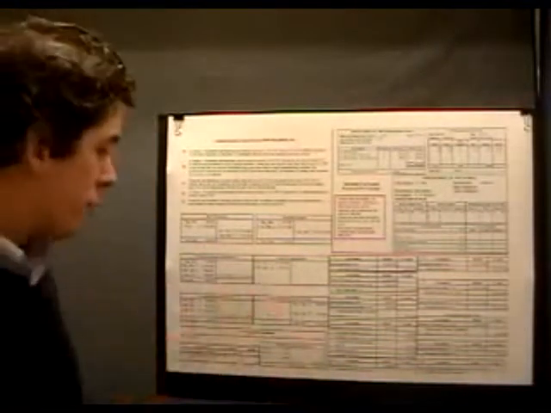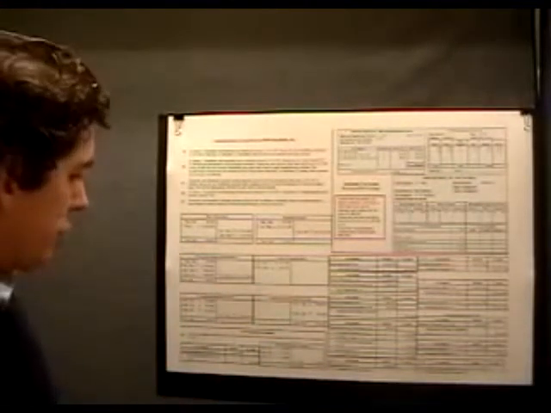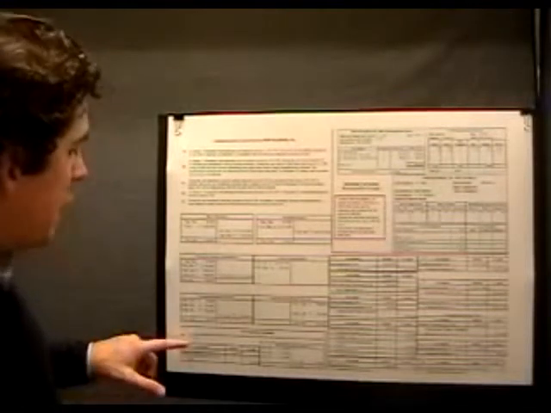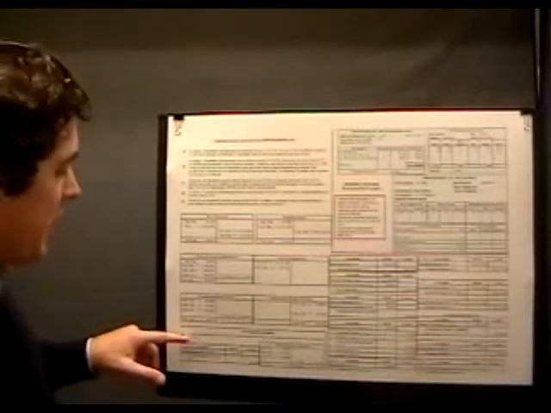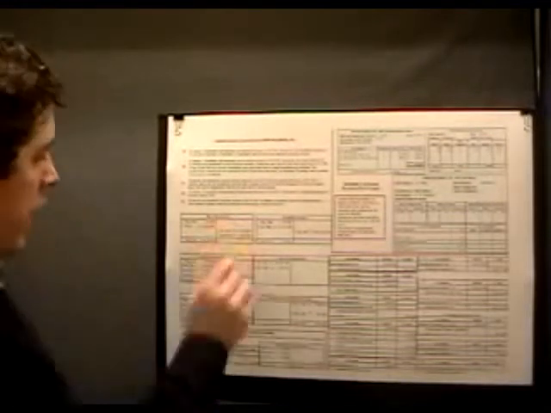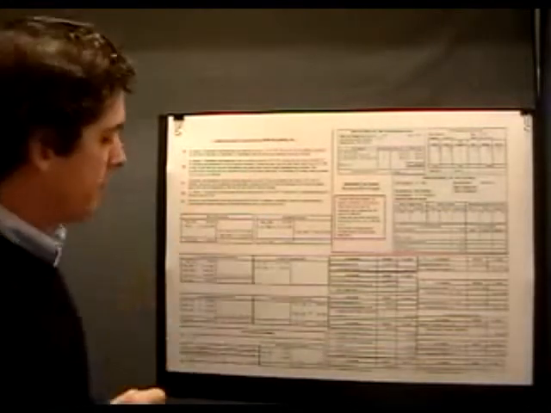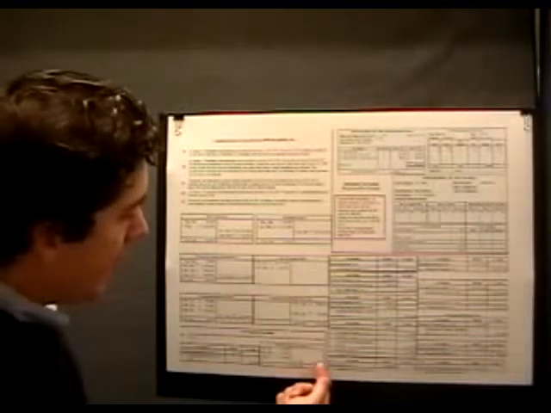Now, if the inverse were true, let's look at this F. Assume the same amount of indirect costs were incurred, but the total number of direct labor hours increased. So if the total number of direct labor hours increased to 73,000 times the $7.50, well, that gets us the $547,500.